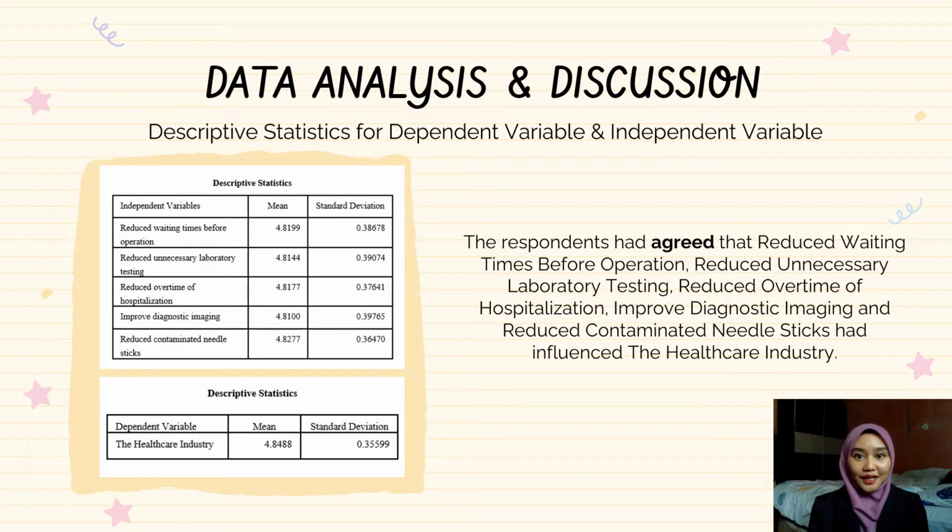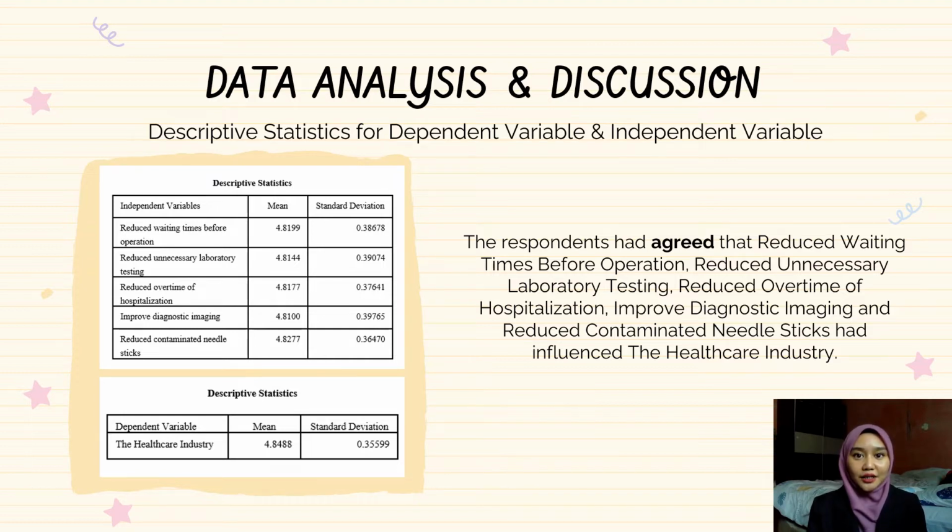Data analysis and discussion. Descriptive statistics for dependent variable and independent variable. As you can see, for descriptive statistics of the independent variables, all the mean values are above 4.8, and the standard deviation is above 0.3. As for the dependent variable, the mean value is above 4.8 and the standard deviation is above 0.3.